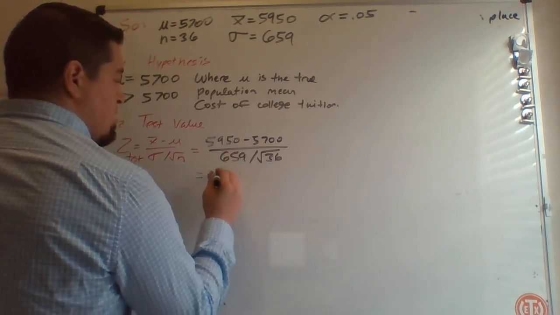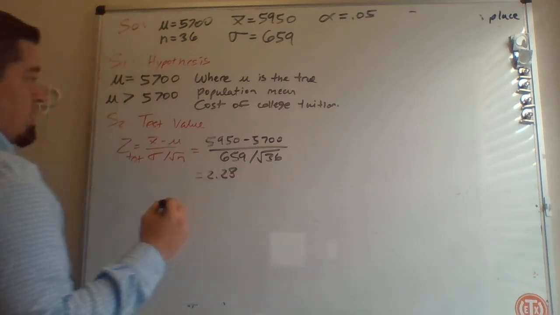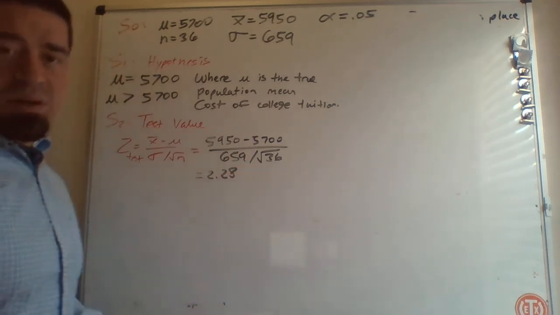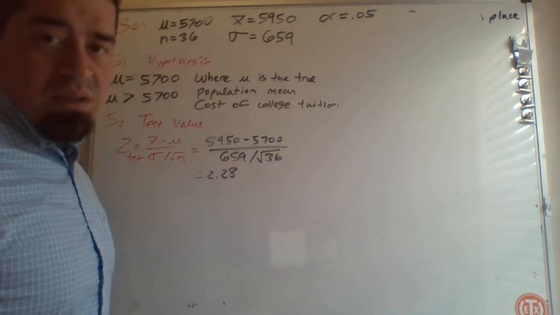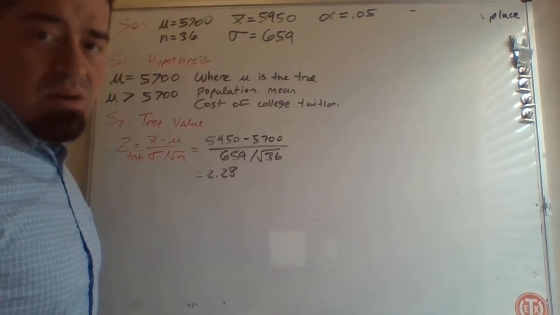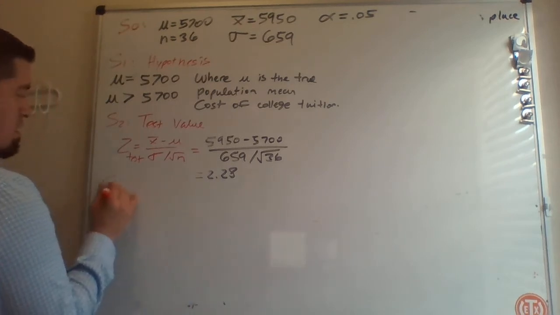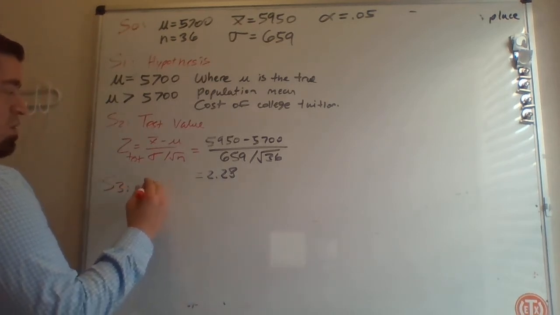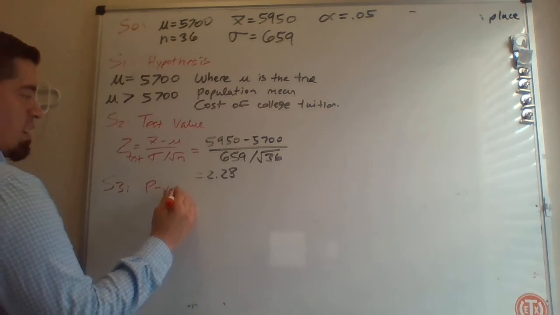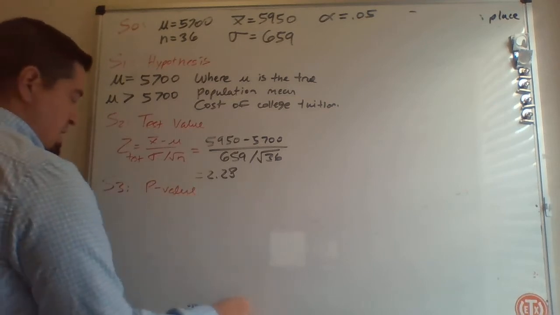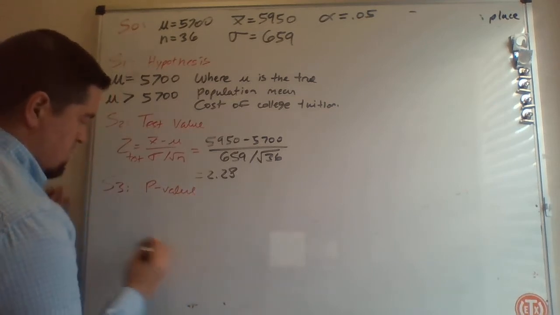And then from here, we're going to move on to step 3, which is going to be using what we just found. We want to find the p-value. Okay, so this is where I would draw my picture under the p-value method.